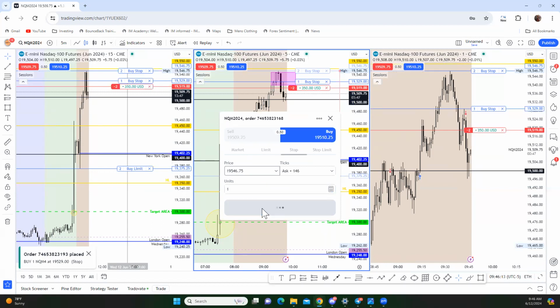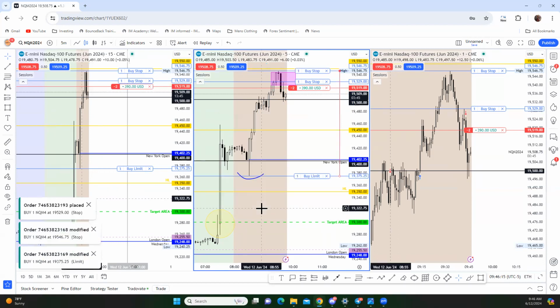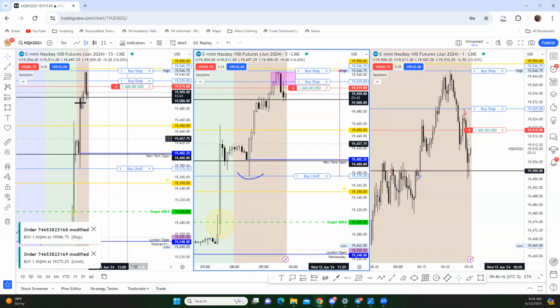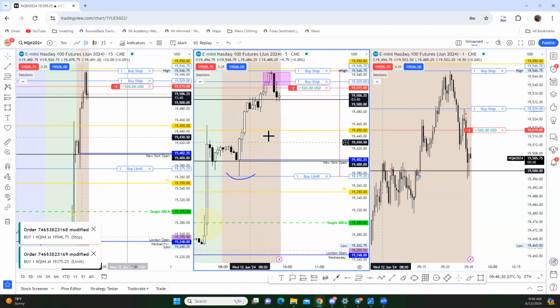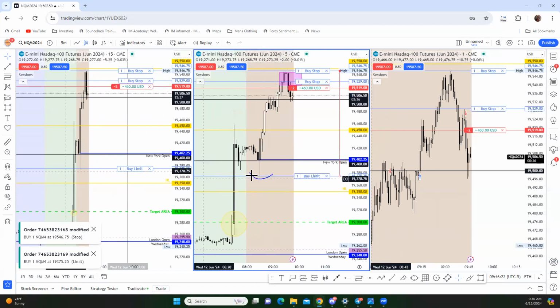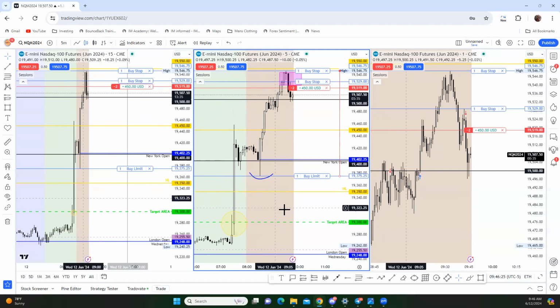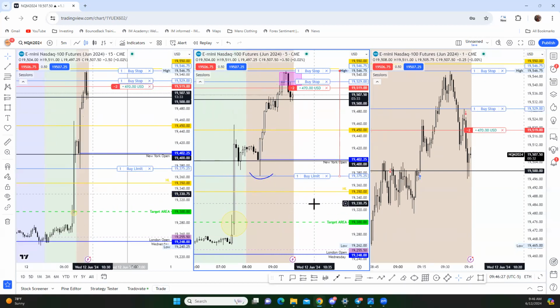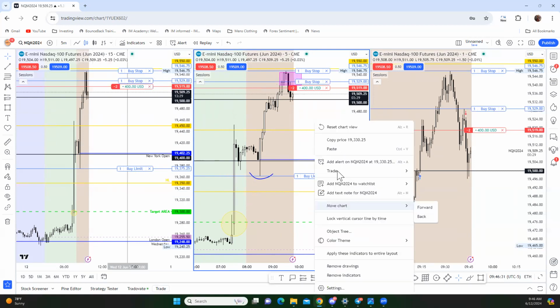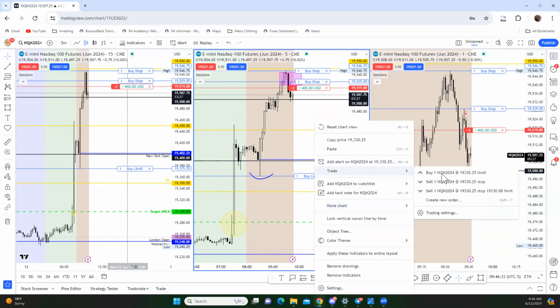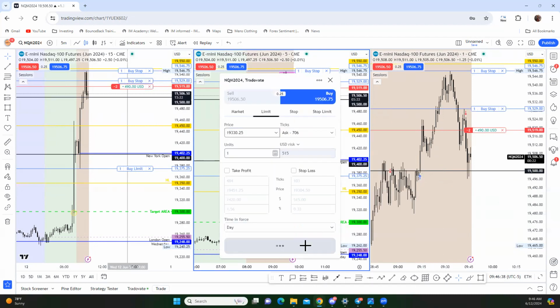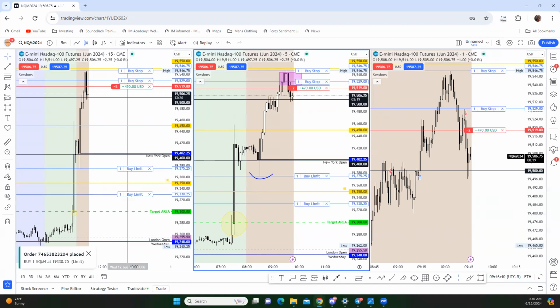Like I said, I do like it, but I wanted to respect it and continue to go here if it's going to do it. That's my other TP area, basically the 19350s.